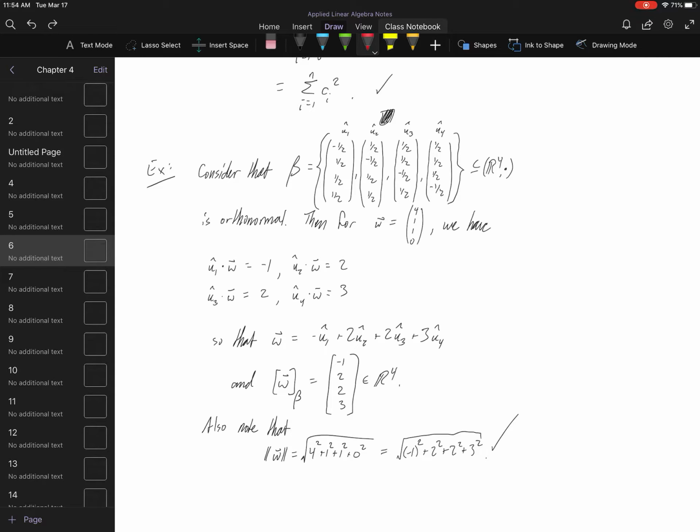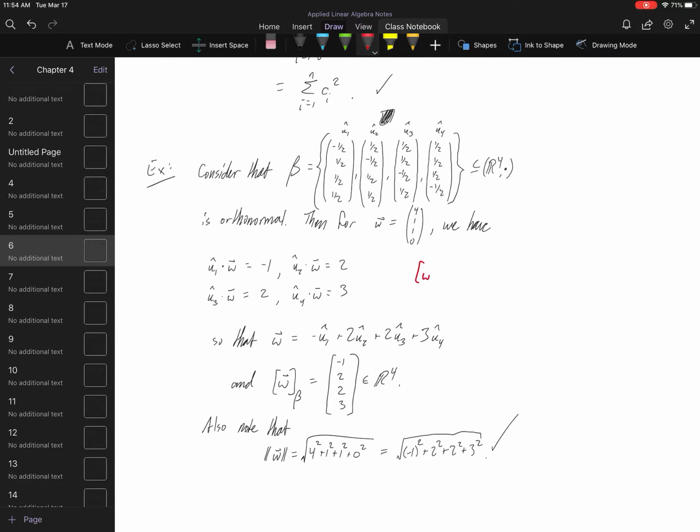Now, let's come back to that original question. How do we compute the coordinates of an arbitrary vector here if we have an orthonormal basis? Well, it's just going to be all of these inner products. And for example's sake, we're doing this on the standard R4 inner product space.